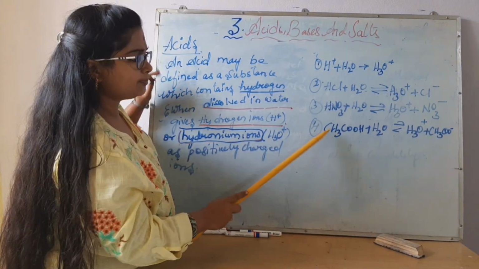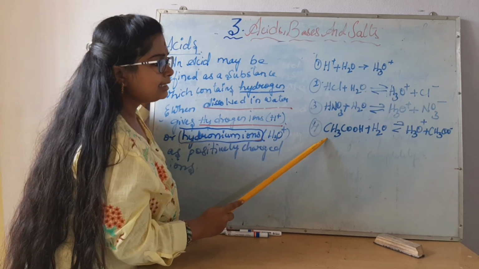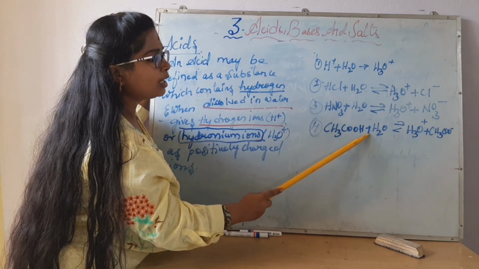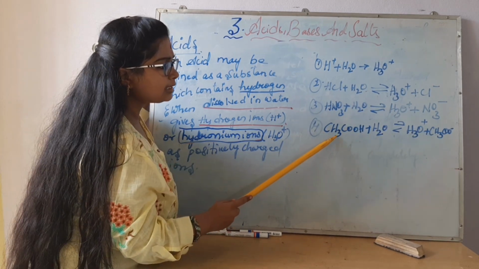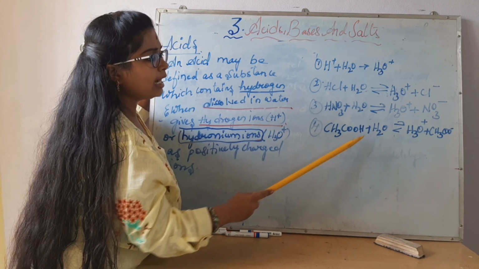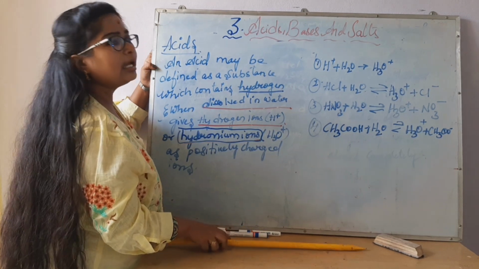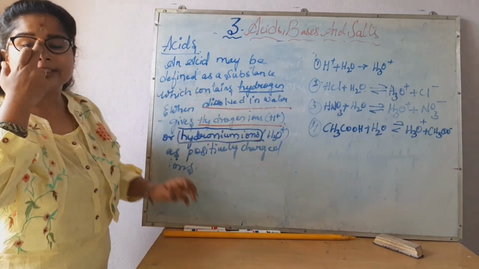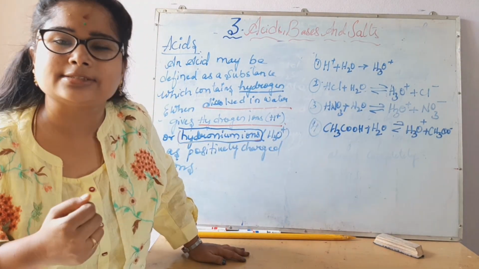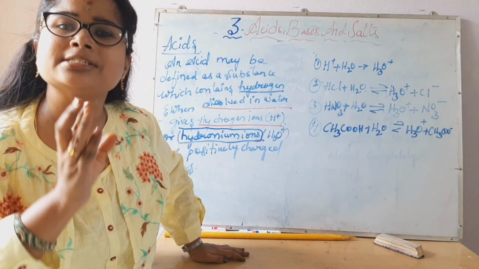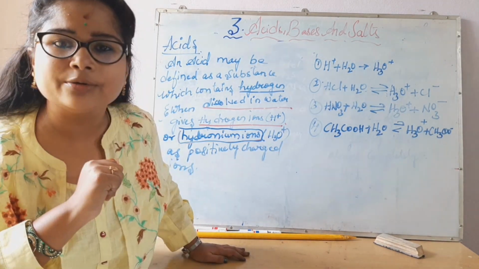But in this one you see, CH3COOH plus H2O. CH3COOH is acetic acid. What acid is it? Organic acid. You know already, organic acids are weak acids. Why did I say weak?